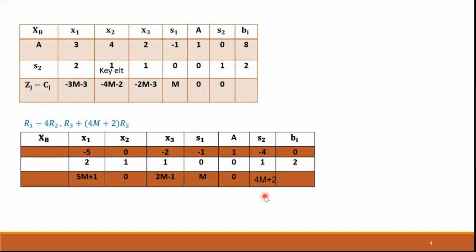Now tell me the variables in the XB column. Getting all of you finished with this last row? ZJ minus CJ. Okay, which variables we will get in the XB column?